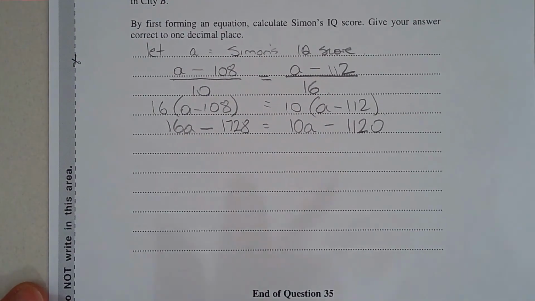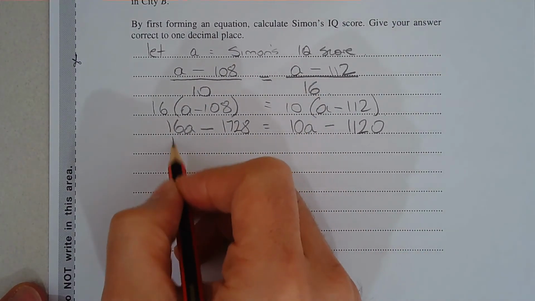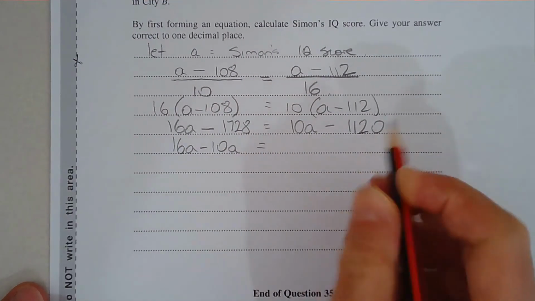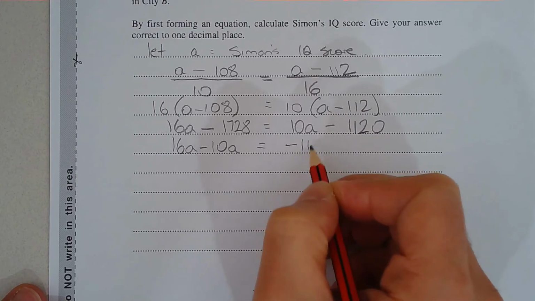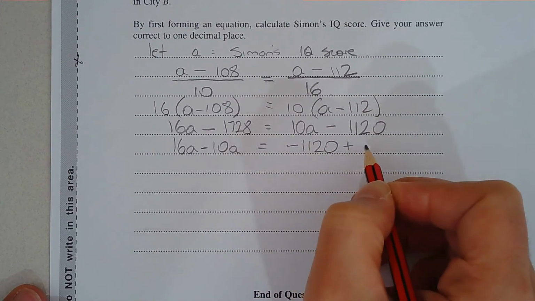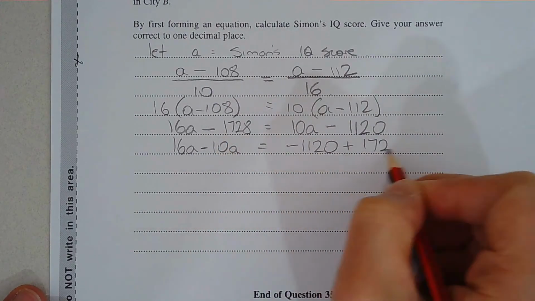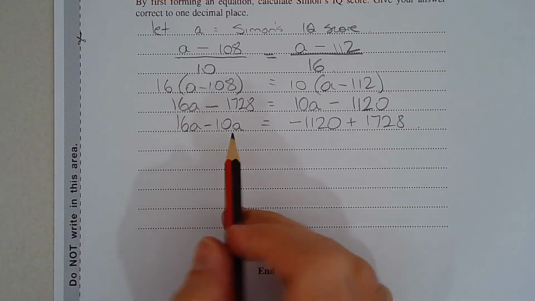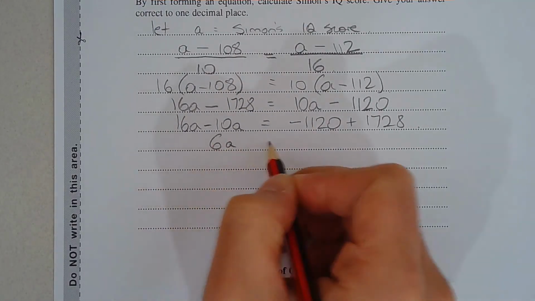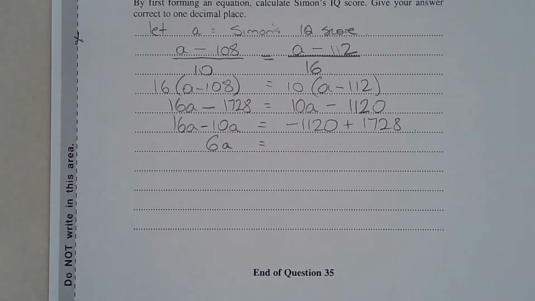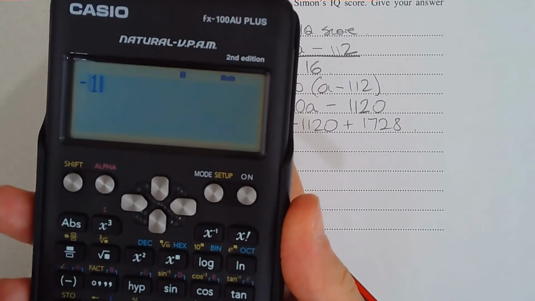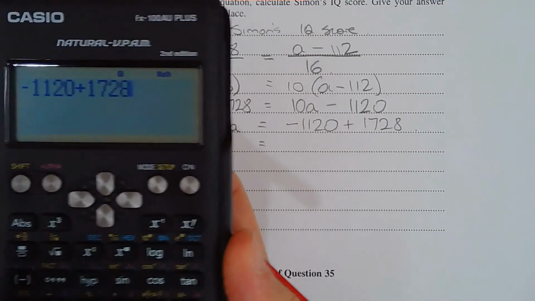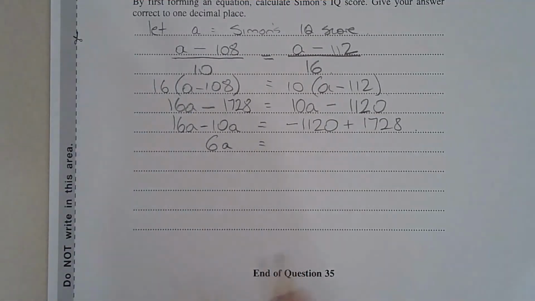Now let's collect the like terms. So 16A minus 10A is equal to negative 1120 plus 1728. It's just algebra from this point on. 16A minus 10A is 6A, and negative 1120 plus 1728 is equal to 608.